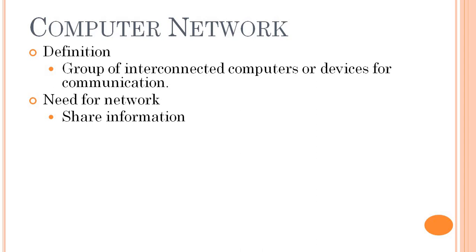So it is not logical that each and every computer, 40 computers, should have 40 printers. Rather, we can have just one printer which is connected to all the computers. So in this way, one resource, that is the printer, can be shared among 40 different machines.